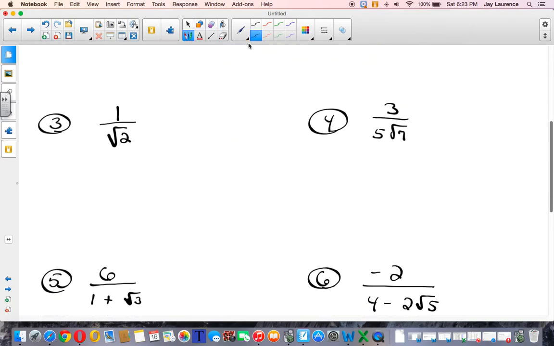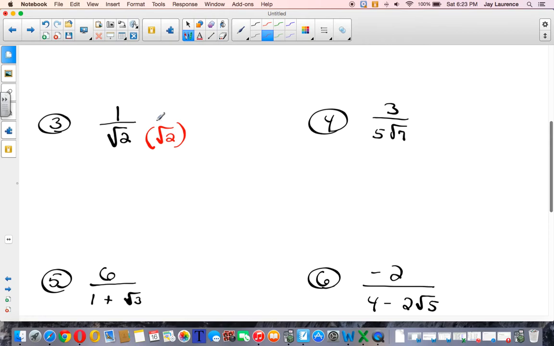Okay, so here I have 1 divided by rad 2. This is an irrational number. Mathematicians don't like to have irrational numbers. We like to have rational numbers in our denominators. So we're going to multiply this by the simplest number that will make it rational, and that would be rad 2.